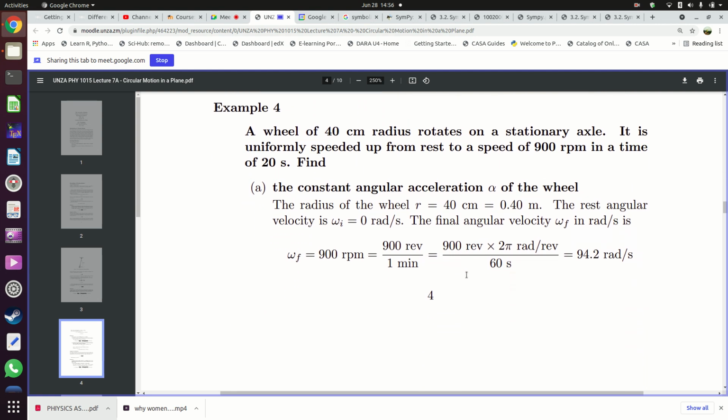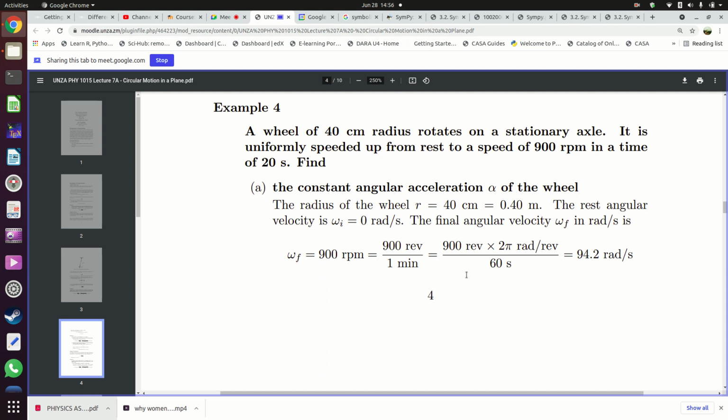Example number 4: a wheel of 40 centimeters radius rotates on a stationary axle. It is uniformly sped up from rest to a speed of 900 revolutions per minute in a time of 20 seconds. So if it's coming from rest, then the number of revolutions per minute is 0.